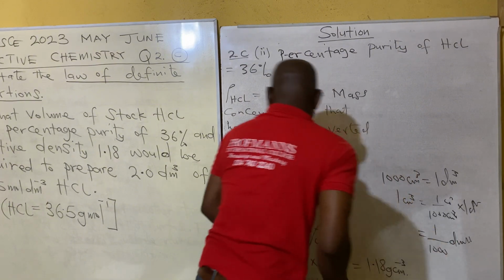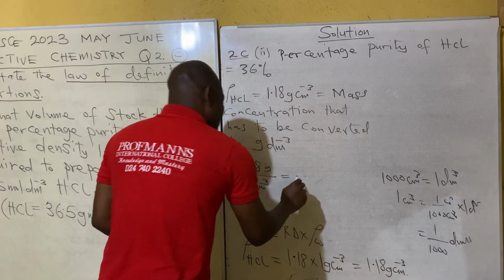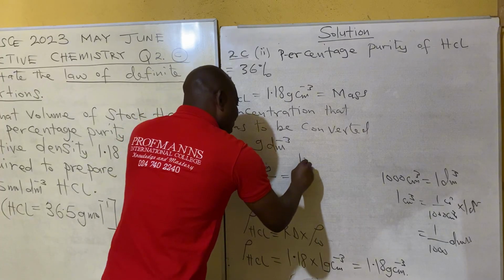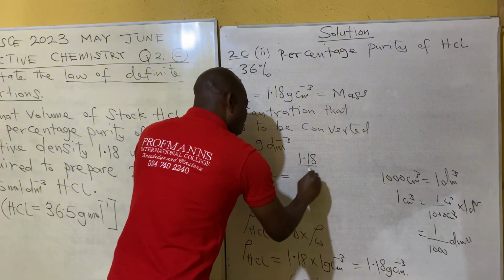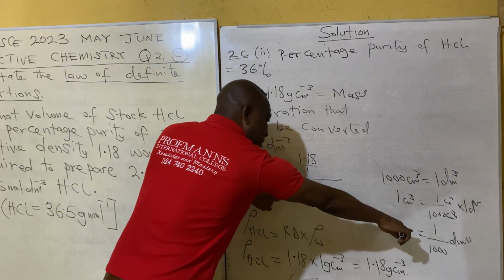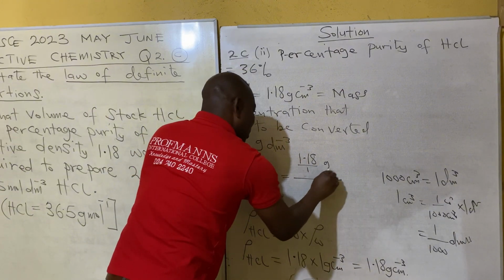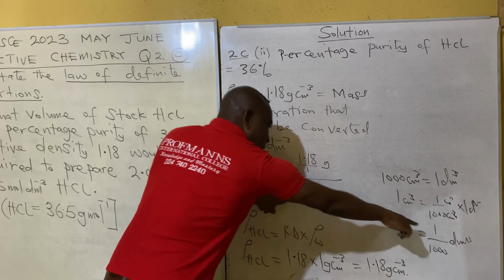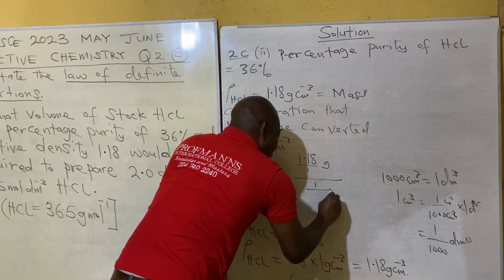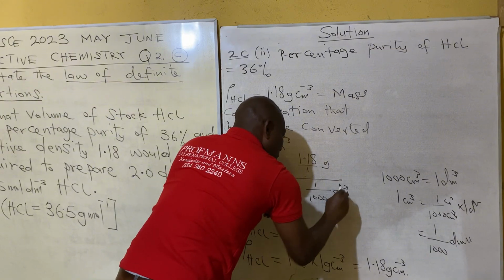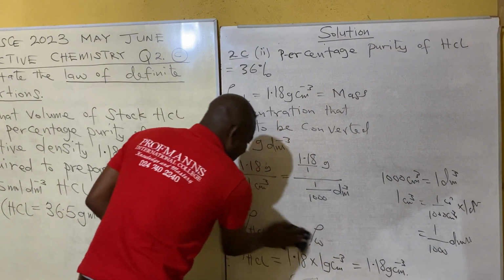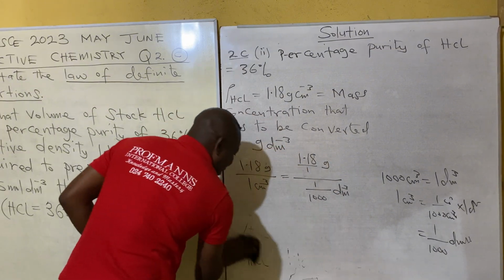dm³. So this becomes 1.18 over 1, all over the dm³. This is grams, and the dm³ is 1 over 1,000. Let us continue with the computation.